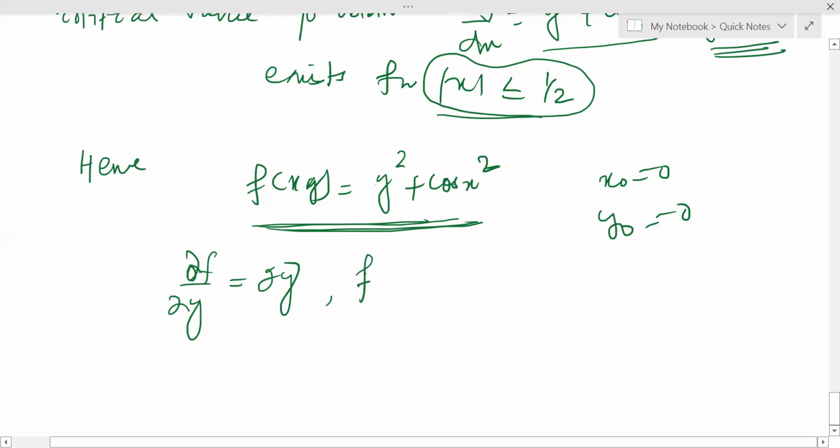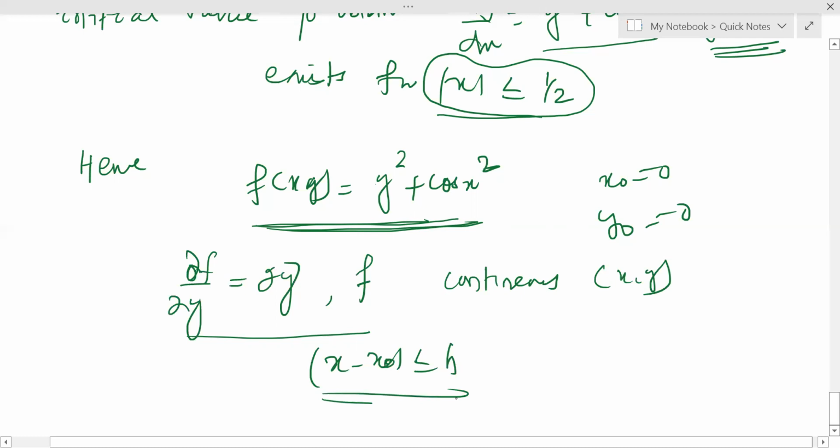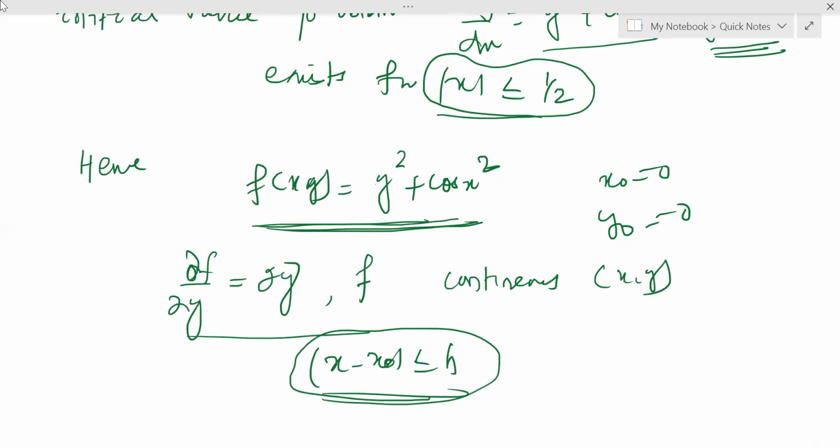Both are continuous on the interval of all functions of x, y. According to the existence theorem, we need to show |x - x0| is less than h. And remember here x0 is 0, so you can put the value of x0 as 0.